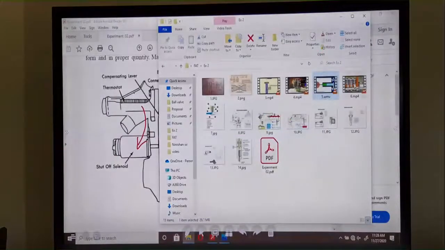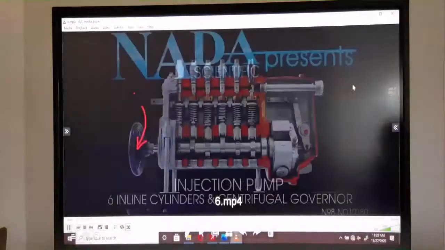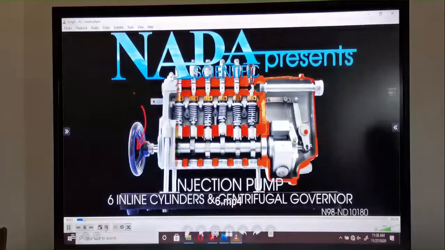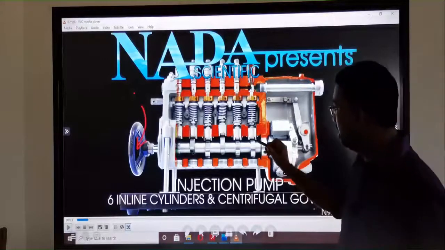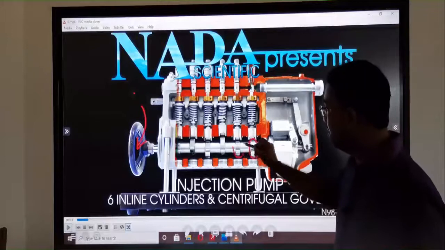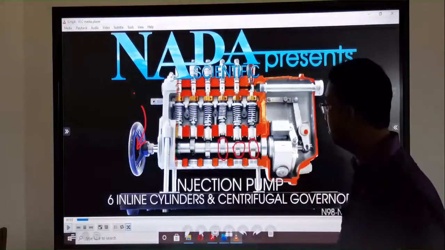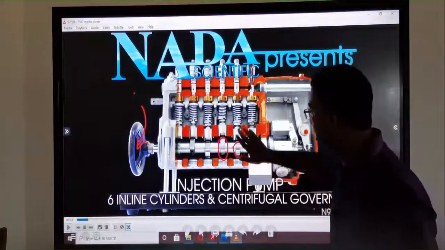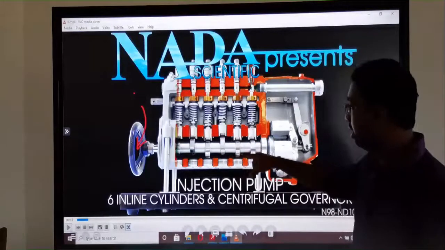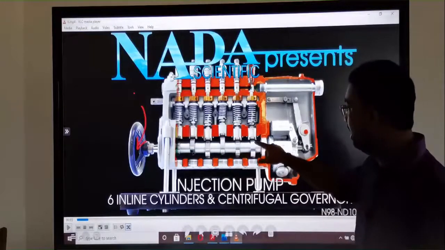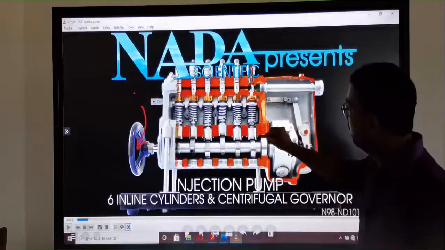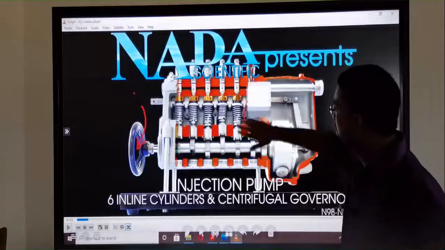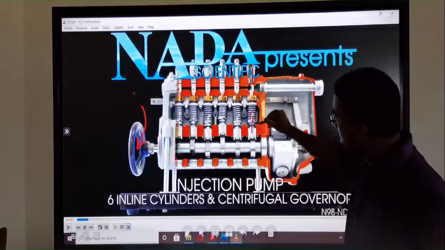Now we see the video of this pump. We can see here it is connected with the camshaft. There is a lobe, the same as the valves. When it rotates, the lobes also rotate. When this lobe touches this area, this plunger unit moves this way.